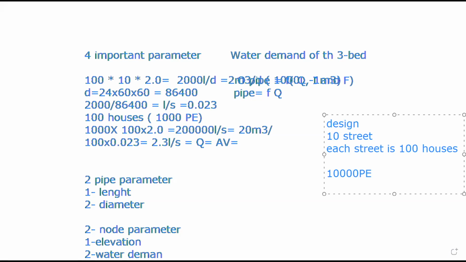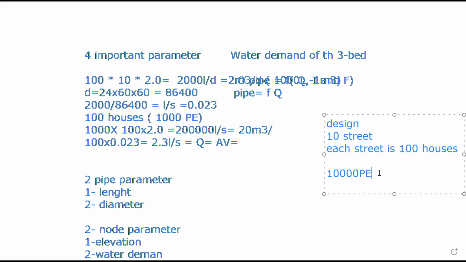And this would mean the design for the entire main pipe of the estate. This must be a very big estate that has 10 streets. Each street has 100 houses, and the water demand for each house we have done. So can somebody give me the pipe size? What pipe size are we going to use? We have like 5 minutes to do it. I'd like us to do it so I'll be confident that we've grasped pipe sizing.